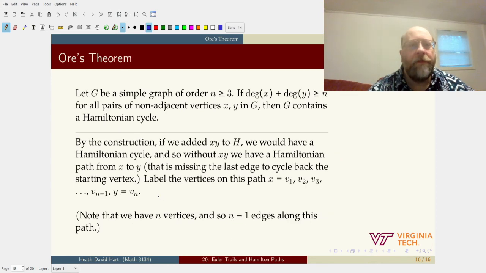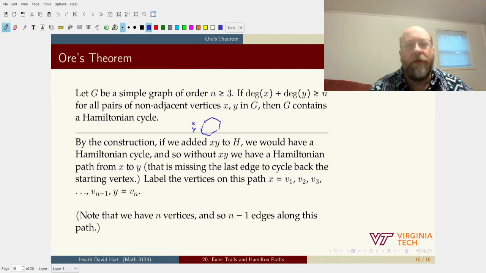Okay, so by the construction, if we added xy to H, we would have a Hamiltonian cycle, because the rule is if we add any more edges to H, we would have a Hamiltonian cycle, and xy is an edge that we have not added yet. So that means that if adding xy would create a Hamiltonian cycle, then without xy, there is a Hamiltonian path.